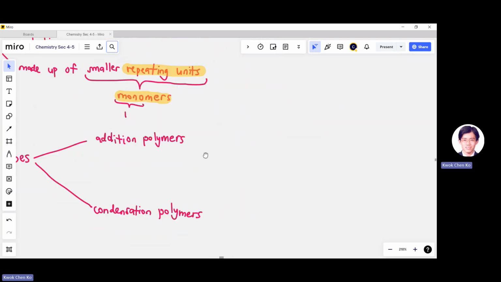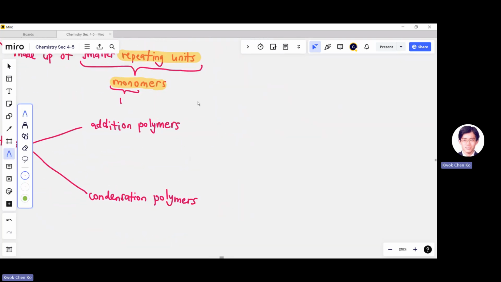So, of course, the word addition has a meaning. Quick revision. What kind of organic substances can undergo addition? Alkenes, correct. Yeah, Zayden, you're right. Jingjie, take note.